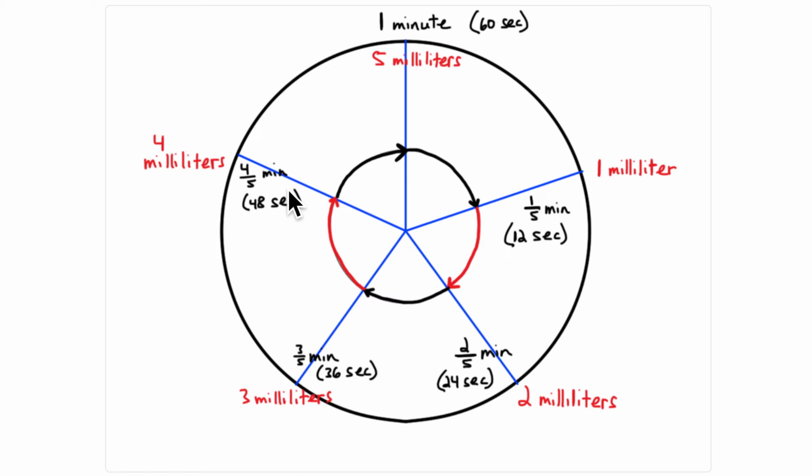Another 1/5, so this is 4/5 of a minute, or 48 seconds, that's 4 milliliters. And finally, when you get to 60 seconds or 1 minute, which is 5/5 of a minute, you measure 5 milliliters. So again, this takes some time to get used to, but I think it's really worthwhile to try to make this drawing of this reciprocal relationship.